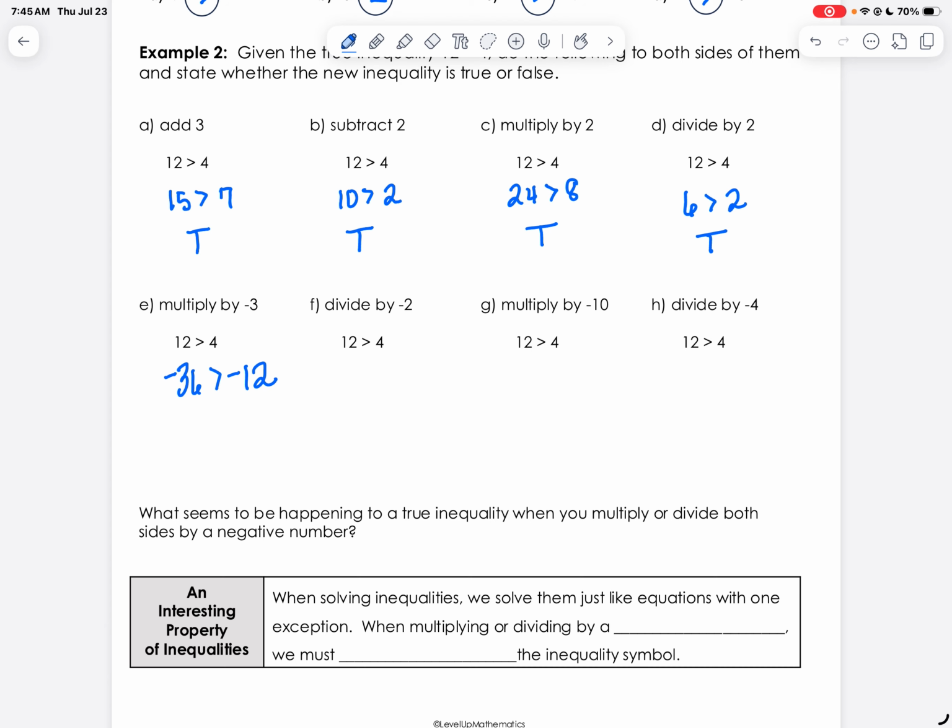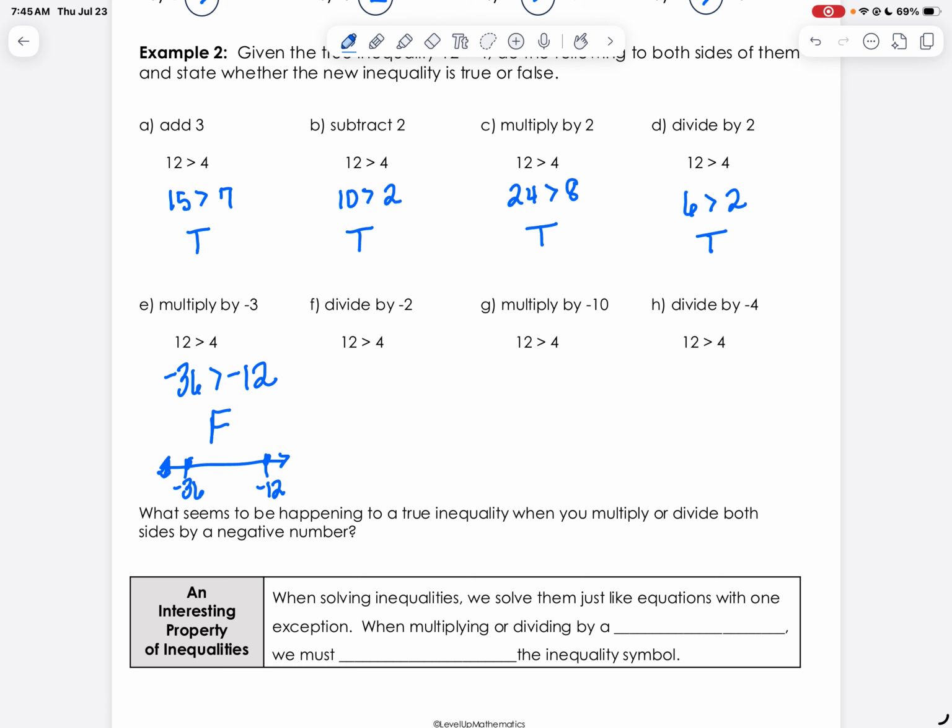Is that inequality true? Well, this inequality is false because if you think about your number line, -36 would be down here somewhere and -12 would be up here somewhere. So this new inequality, when we multiplied by -3, our inequality became false. All right.